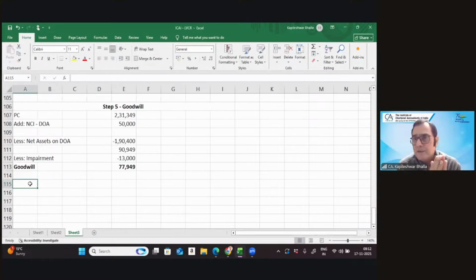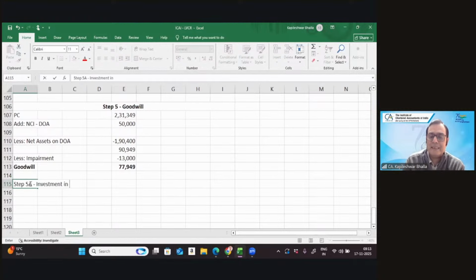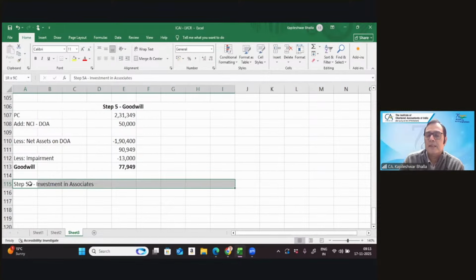Okay, now I think before we go to step number 6, we need to organize the information in terms of the investment in the associate. So let's go for step number 5A. I'm adding the new step, that is investment in the associate, because associate is going to be a one-line consolidation.